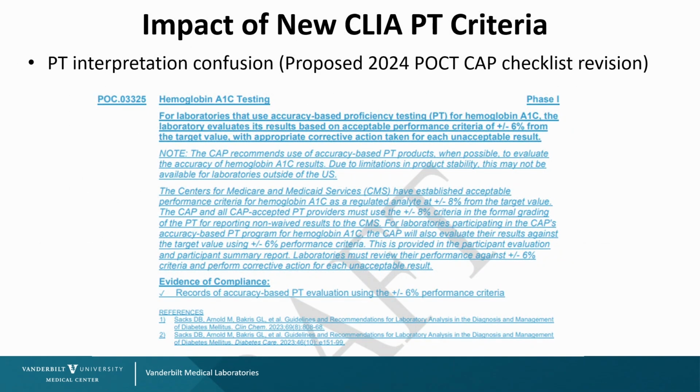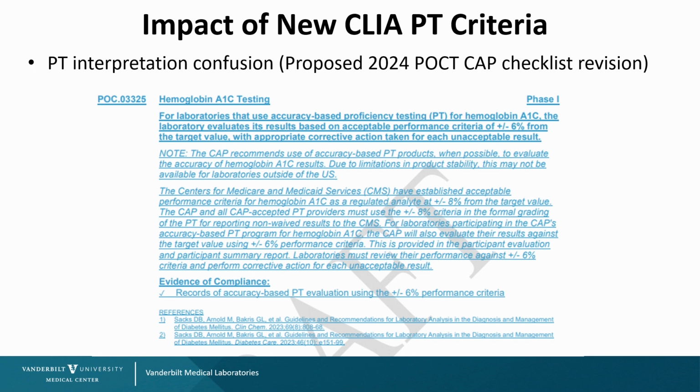And I will say it's somewhat confusing. This is the new CAP checklist, which is going to be coming out later in October, November. They give 2 different criteria for performance for hemoglobin A1C. If you were judging against your peer group, which is your methodology, you can use the CLIA limit of 8%.